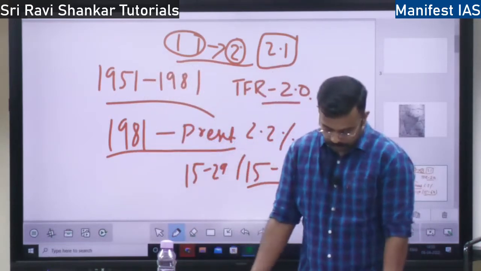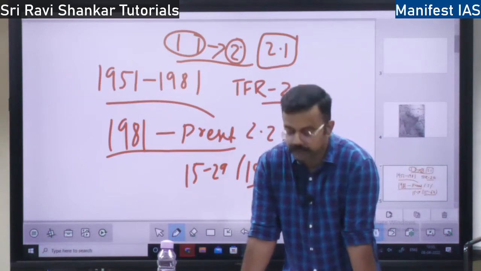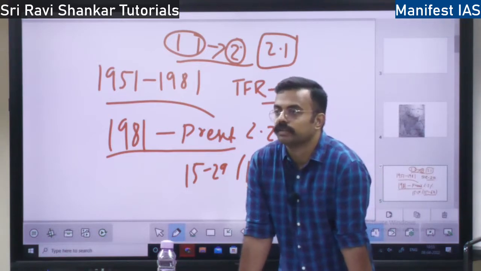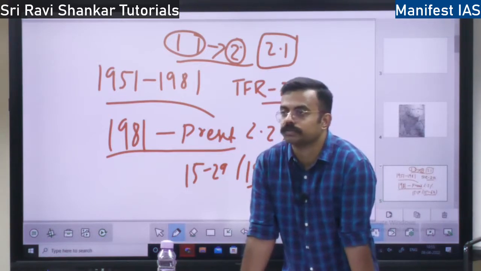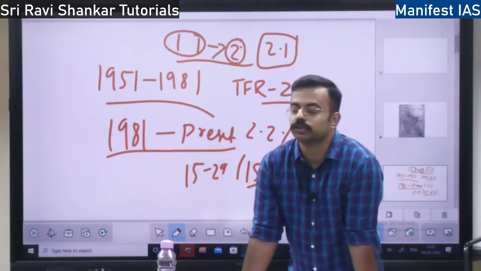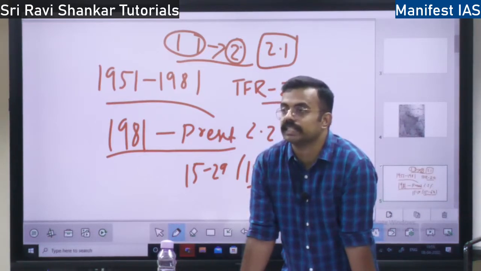So, with respect to the composition of population, the first is place of residence, where our population is residing. Are they residing in the rural areas more, or are they residing in the urban areas more? As per the 2011 census, 69% of Indians reside in villages.